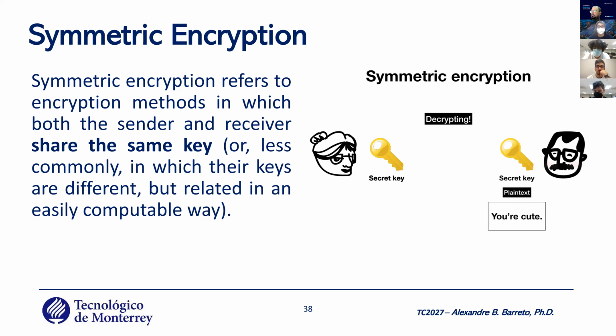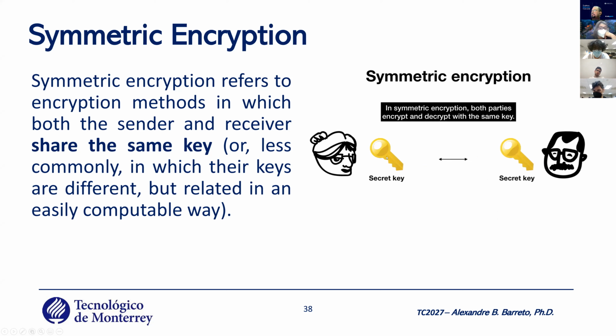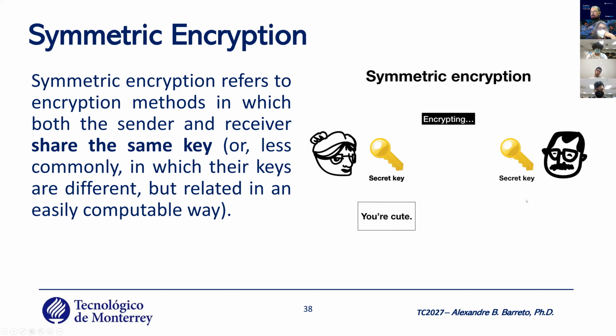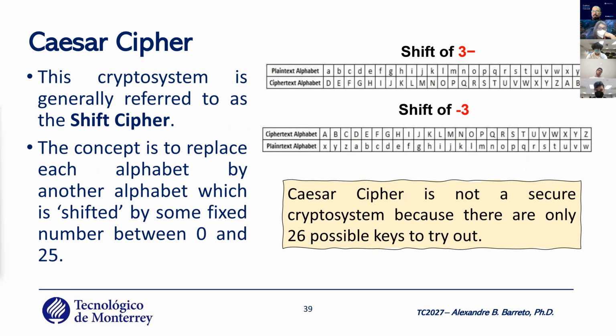Just want to remind you, symmetric encryption is the encryption where you use the same key to cipher and to decipher the message, following the approach that we talked about before. The model is the Caesar cipher, and the Caesar cipher is a type of symmetric key.